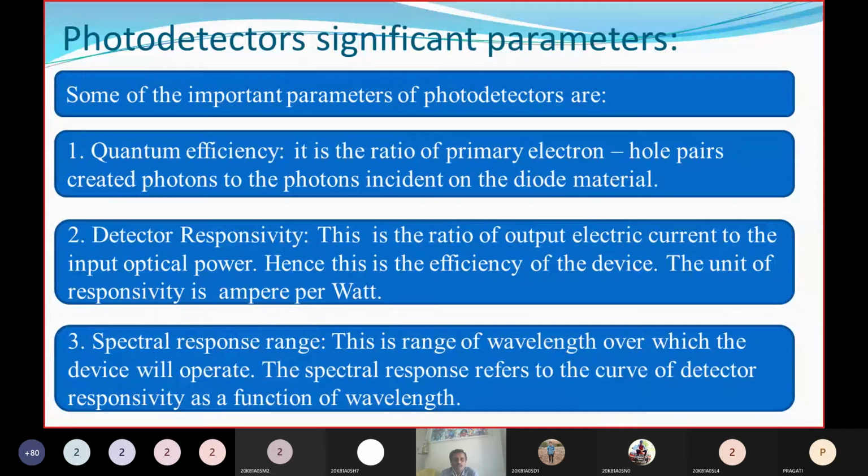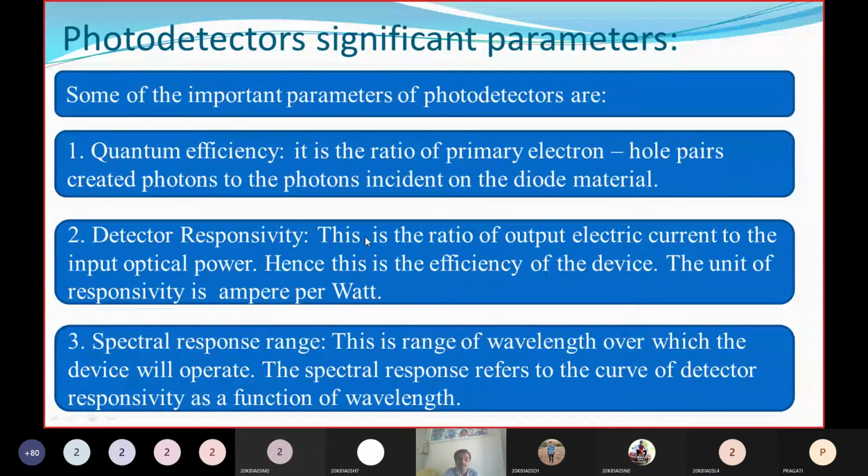Here optical power means how much power of light will be incident on the photodiode. Optical power means the intensity of the radiation times the energy of each photon; it gives the optical power.